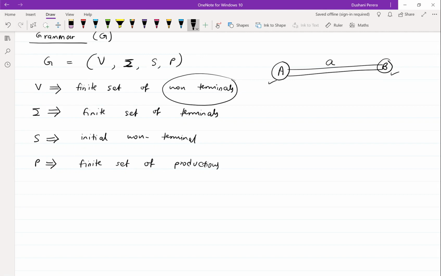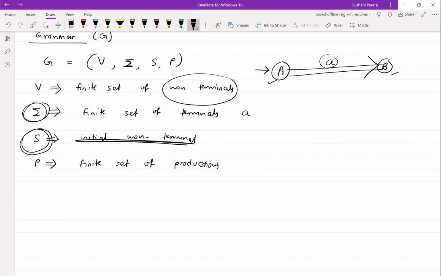Now sigma in this case is a, which is the terminal. He's the one who will connect these two endpoints, who's going to take us from A to B. And then S means the initial non-terminal, kind of where we start with. So let's say, for example, if A is the place where we start from, then A is going to be the initial non-terminal, the starting place.